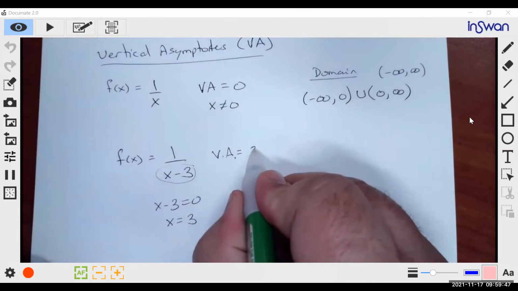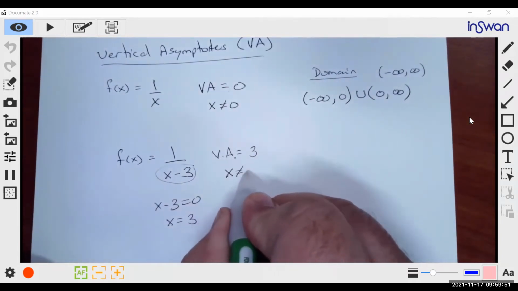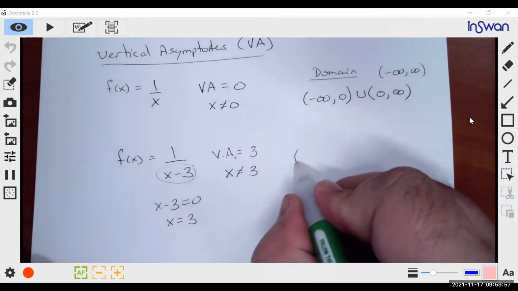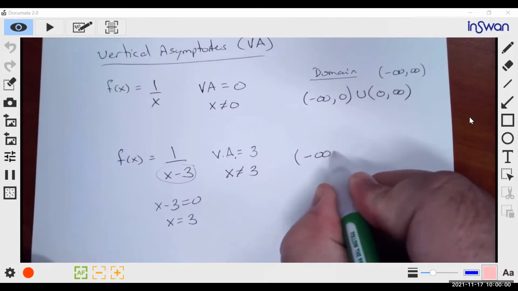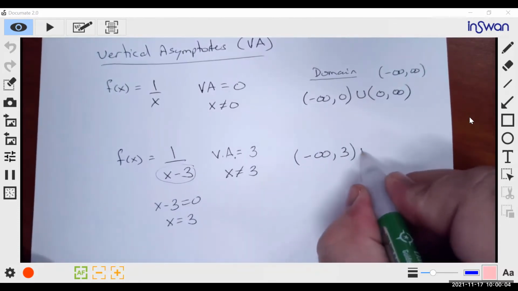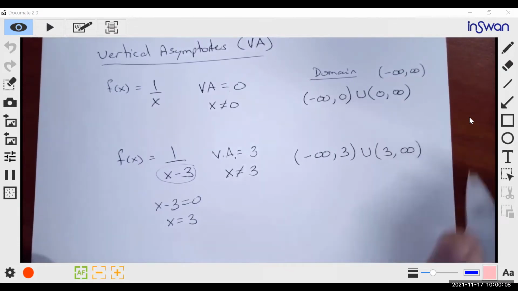So the vertical asymptote is at positive 3, which means in our answers, we cannot use 3. So our domain goes from negative infinity all the way to 3, and then starts again from 3. But I can't use 3.